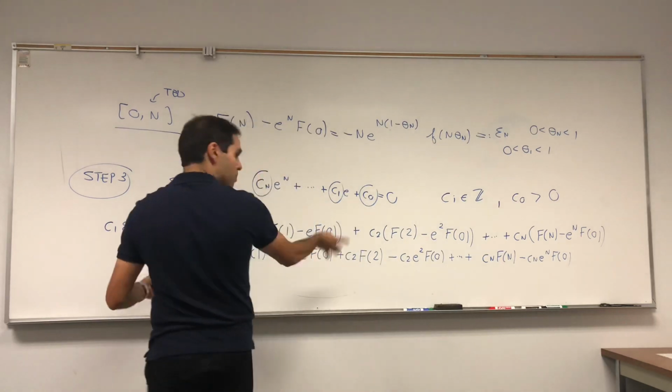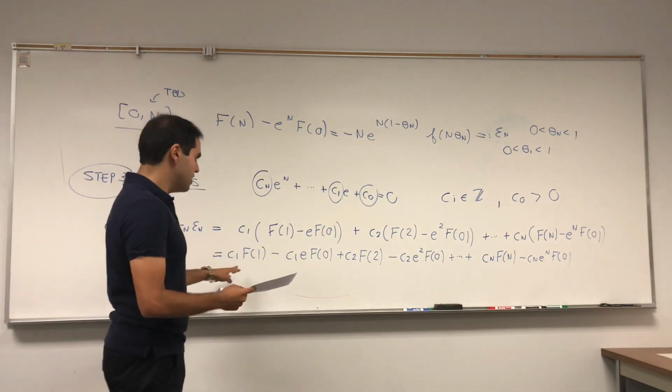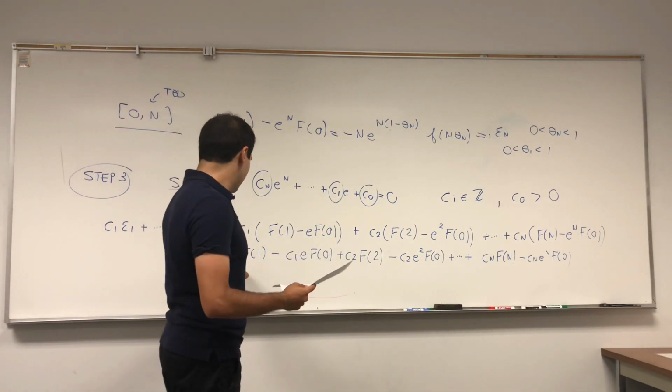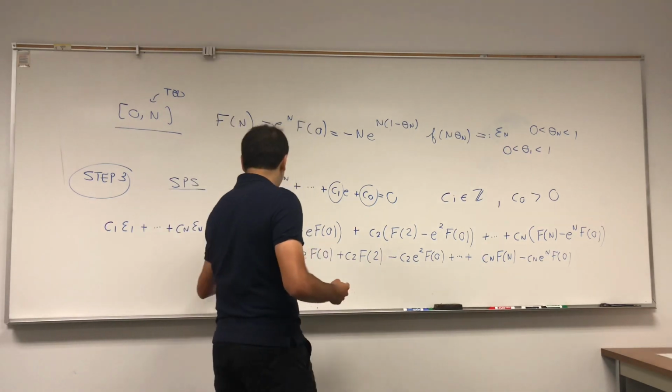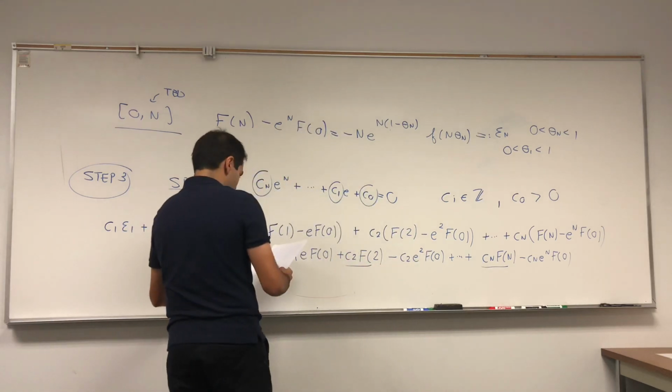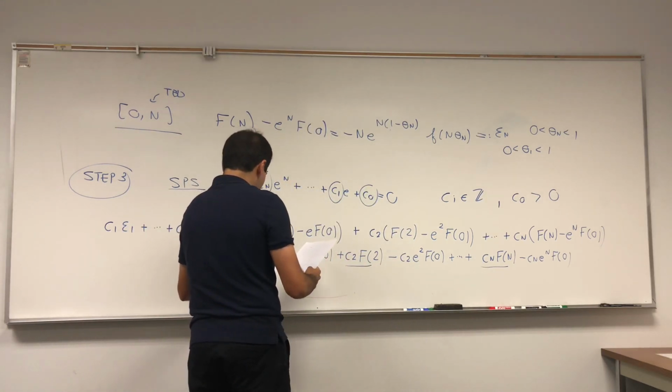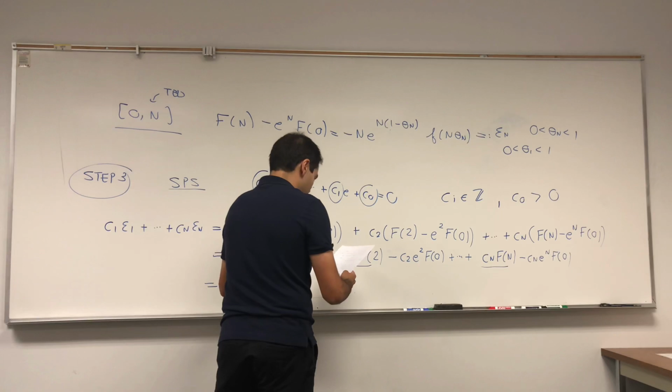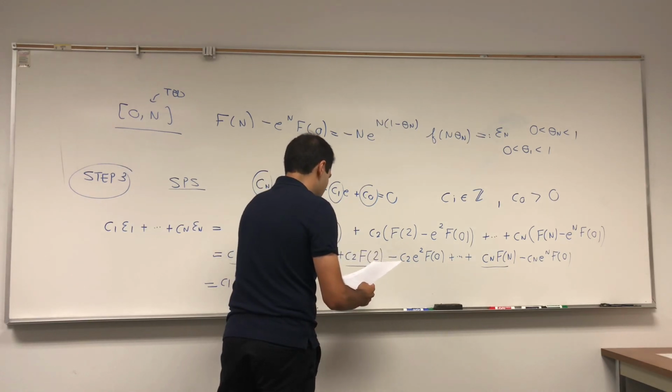And now let's group a bunch of those terms. In particular, let's group the C1 f of 1, C2 f of 2 terms together. So what we get is C1 f of 1 plus ... plus Cn f of n.